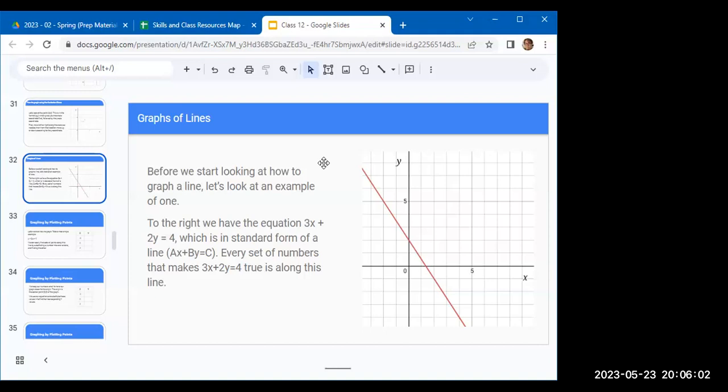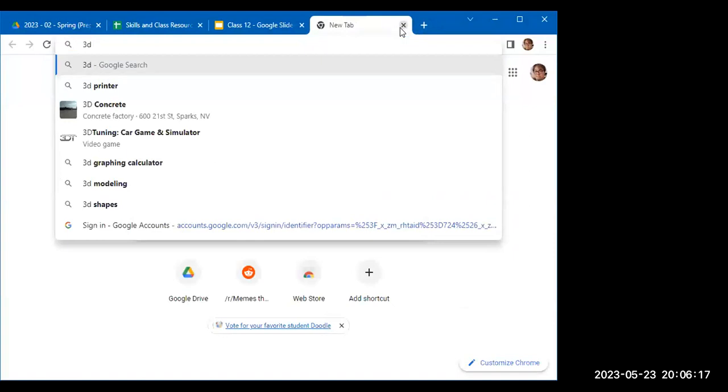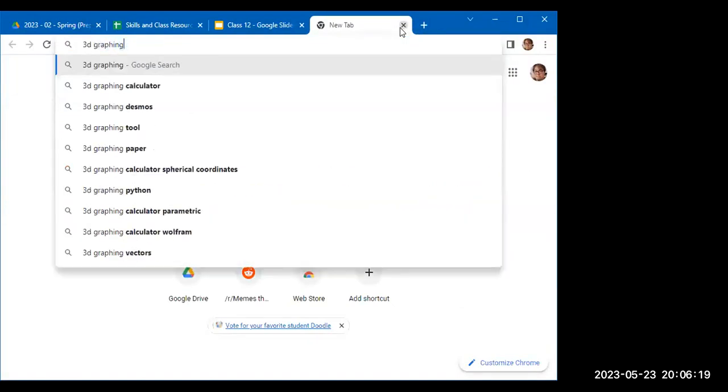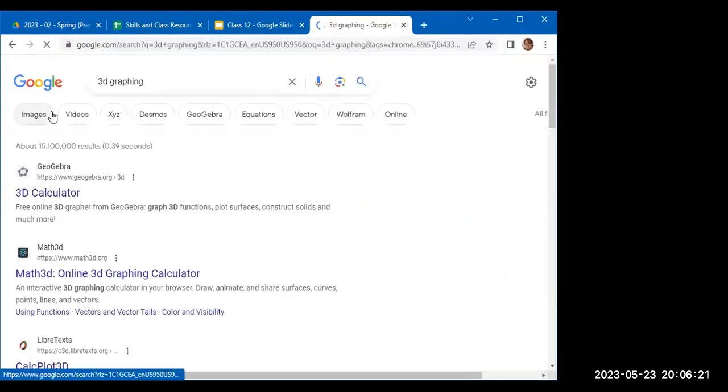Back when I was in high school, we learned lines, and we ended up drawing all this line graph, and it ended up turning into this crazy 3D picture.